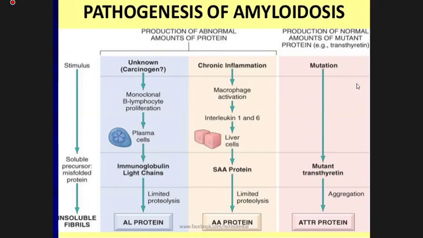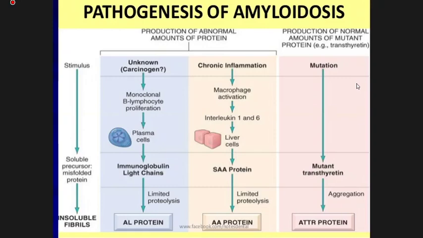Usually the excess light chains will be proteolyzed and taken up by your macrophages and undergo apoptosis and all that. So it can be controlled when there is a high amount of immunoglobulins. But when there is a high amount of these light chains, there will be limited proteolysis.